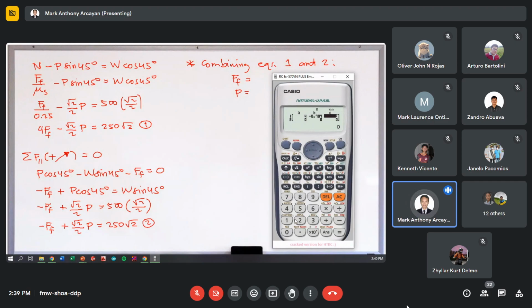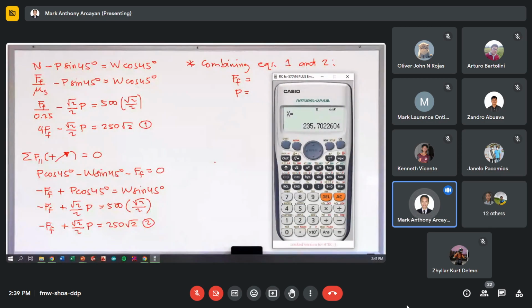Then, ang constant kay 250 square root of 2. Equation 2, negative 1. Then, square root of 2 over 2. Positive siya. Then, 250 square root of 2.